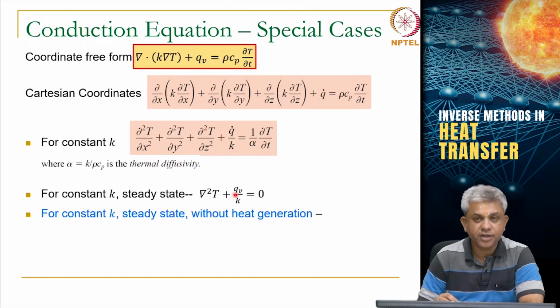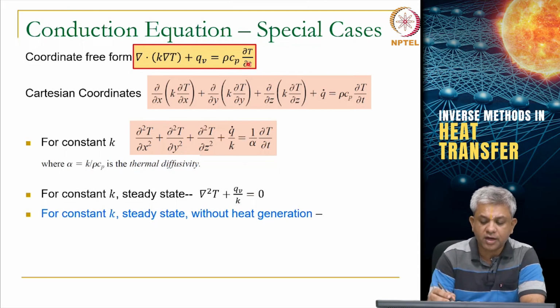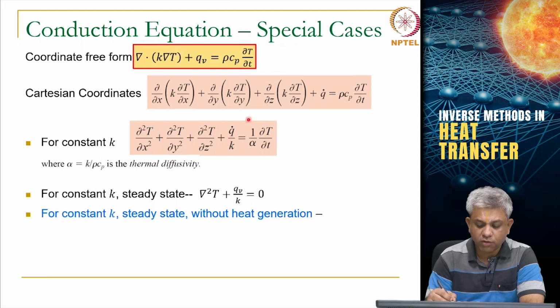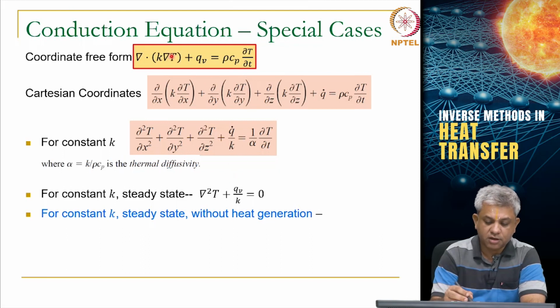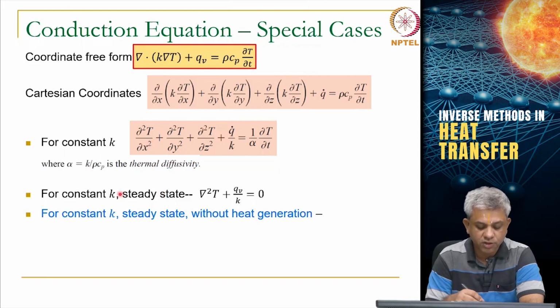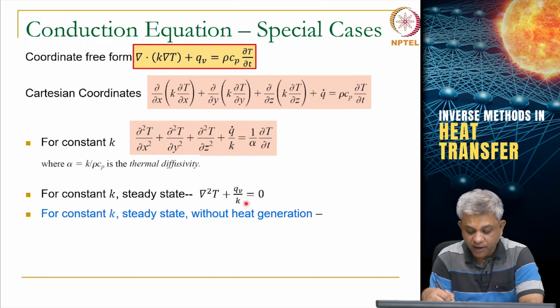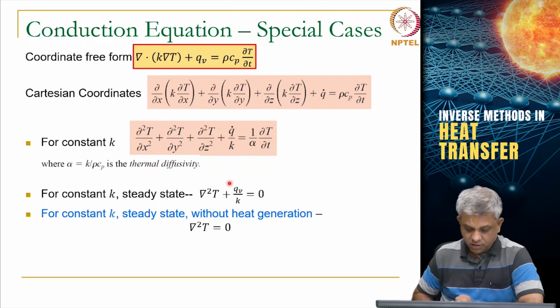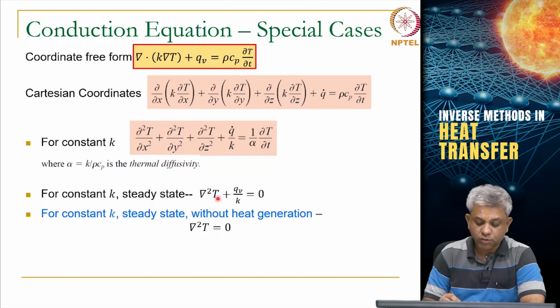You can see that I am slowly relaxing assumptions as I go down from the top. First, the most general form, then you assume k is constant, then k is constant and steady state, then k is constant, steady state, and with no heat generation. Then you simply get del square T equal to 0.